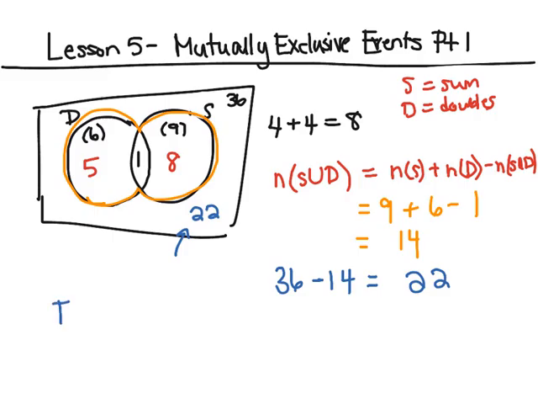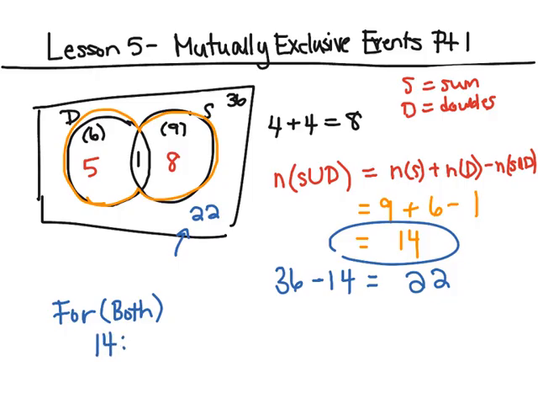So if we want to do the odds for getting either, there's 14 ways in favor and 22 against, and the odds against would be 22 to 14.